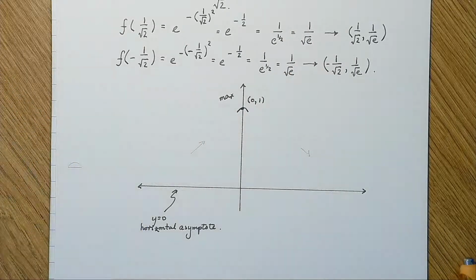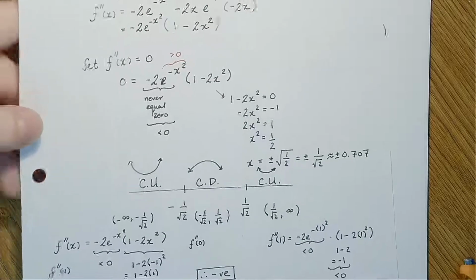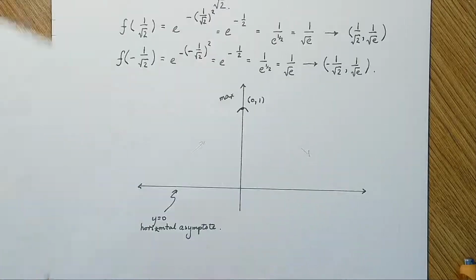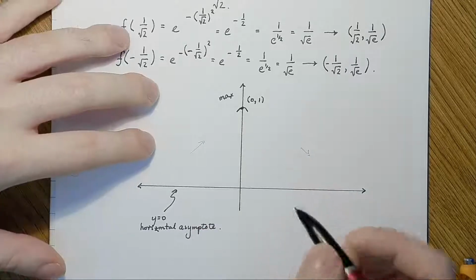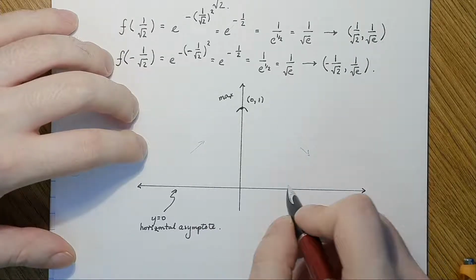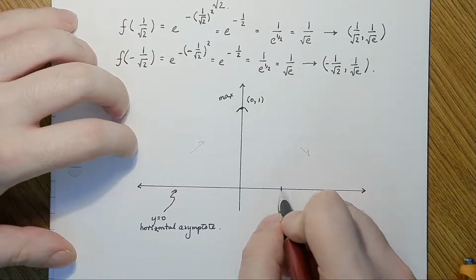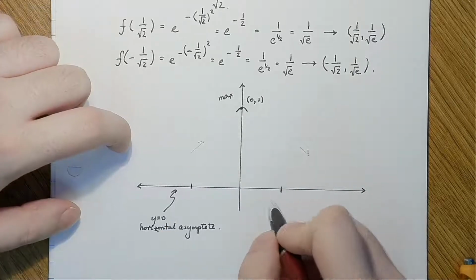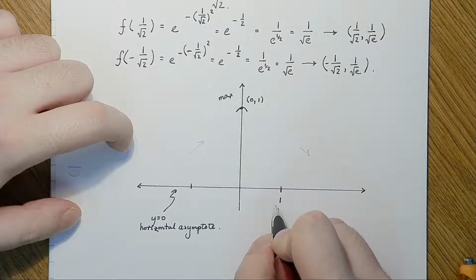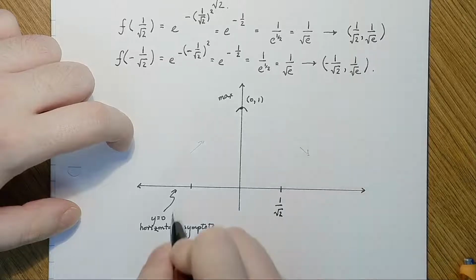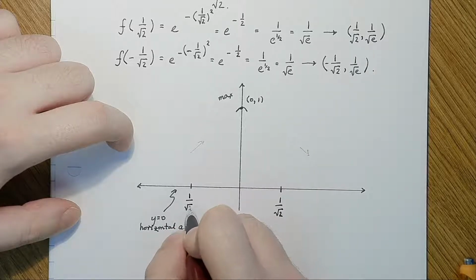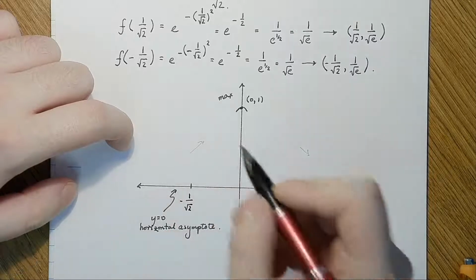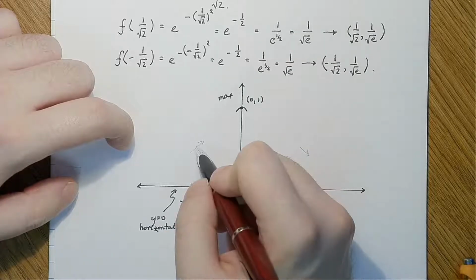Then I have 2 points of inflection that we found. The best part about sketching is that it looks like 1 over root 2. So here we go, 1 over root 2 and 1 over root 2. It's just going to be a point of inflection.